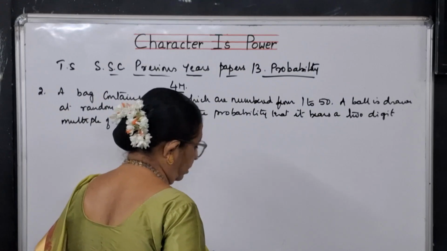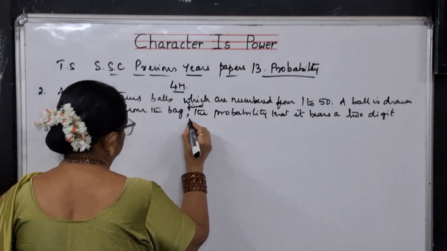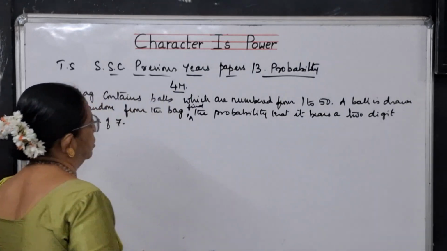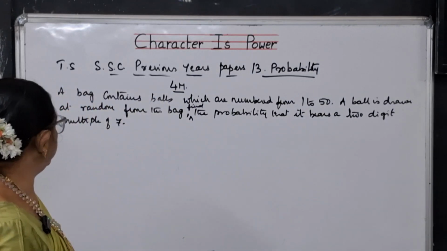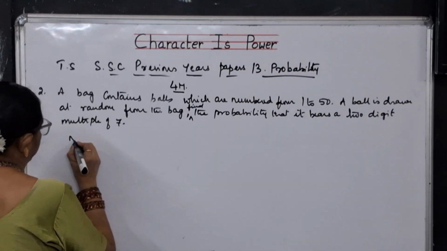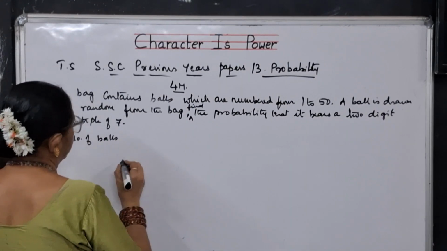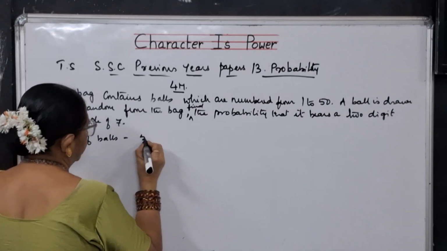So here you should have this question. This is missing, I think. Find the probability that it bears two-digit multiples of 7. So what is the number of balls that are there? Number of balls are 50.